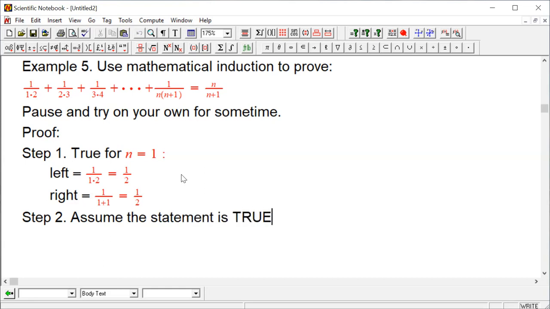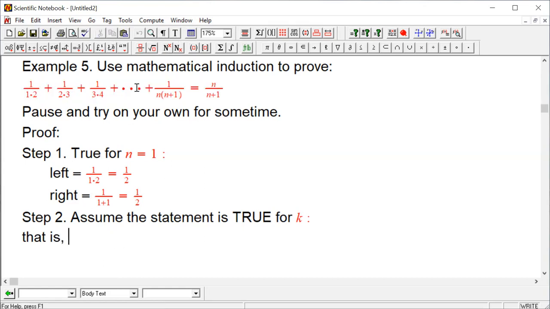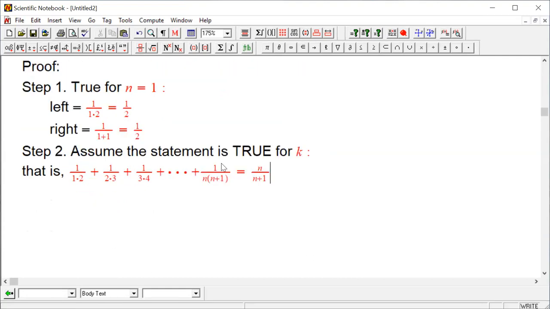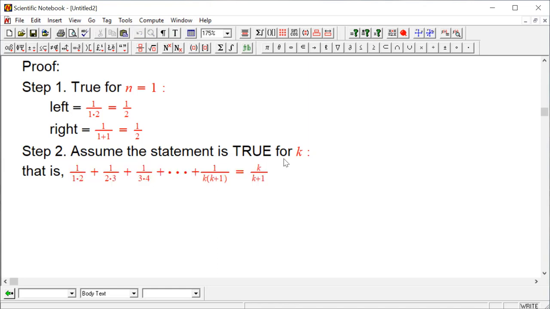That is, you make that statement, replacing n by k. So this is assumed to be true. And then we're going to prove it is true for k plus 1.